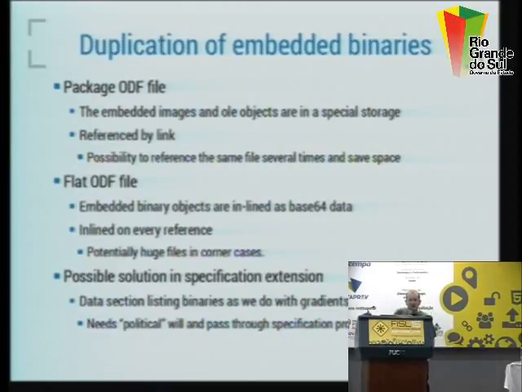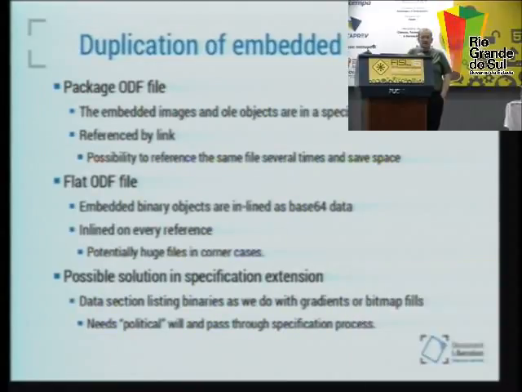In the flat ODF file, all the embedded binary objects are inlined as base64 data, so they are about 30% bigger than their binary counterpart, and inlined on every reference. So in corner cases where files repeat pictures frequently, you will basically have the pictures duplicated, and it can create a huge file. There are corner cases, but we have to be honest about them.